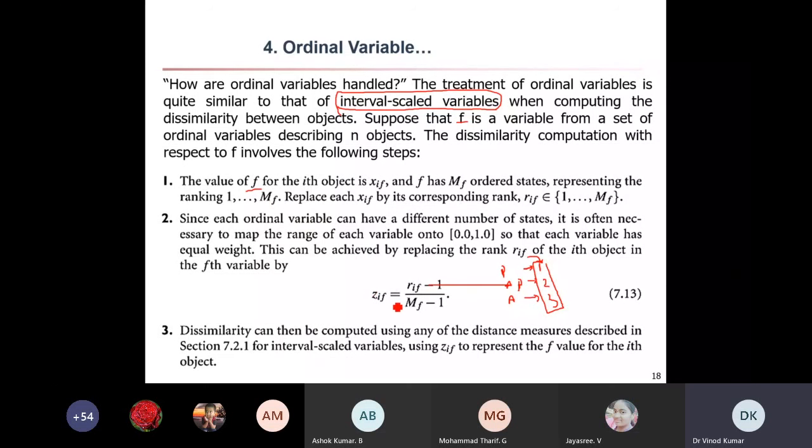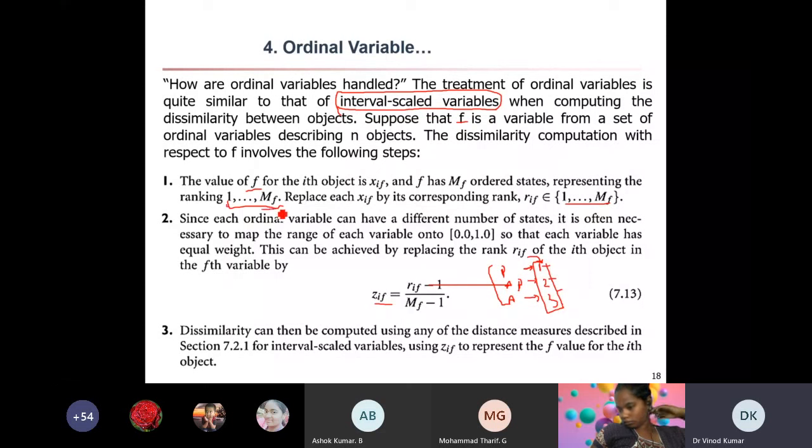For that we use this formula, the same thing as ranking. We replace each ordinal state with its rank, 1 to Mf. See, 1, 2, 3, because I have only three categorical values, that's ordinal values. That's why I have taken 1, 2, and 3.